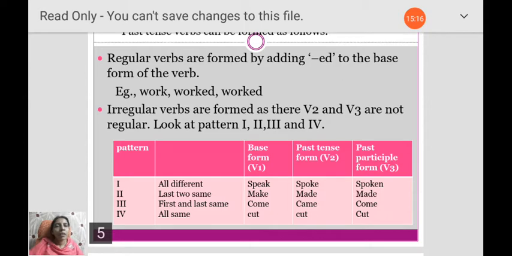So in pattern 1, we have written: all different.